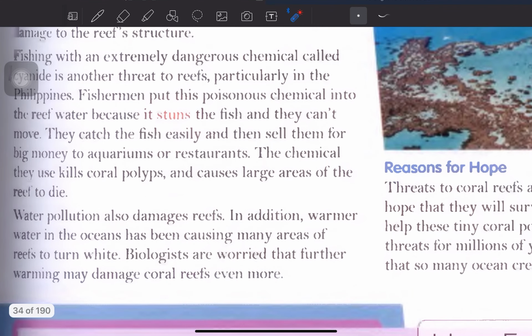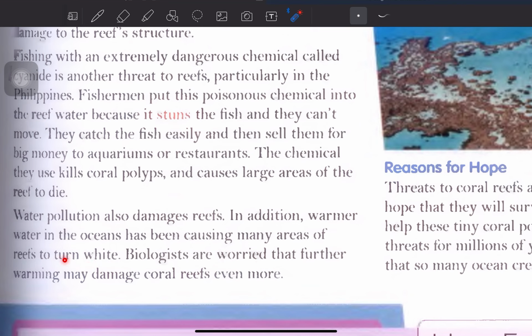Okay, next. Water pollution also damages reef. Pencemaran air juga boleh merosakkan terumbu karang. In addition, tambahan pula, warmer water in the oceans has been causing many areas of reefs to turn white, mengakibatkan terumbu karang bertukar menjadi putih.